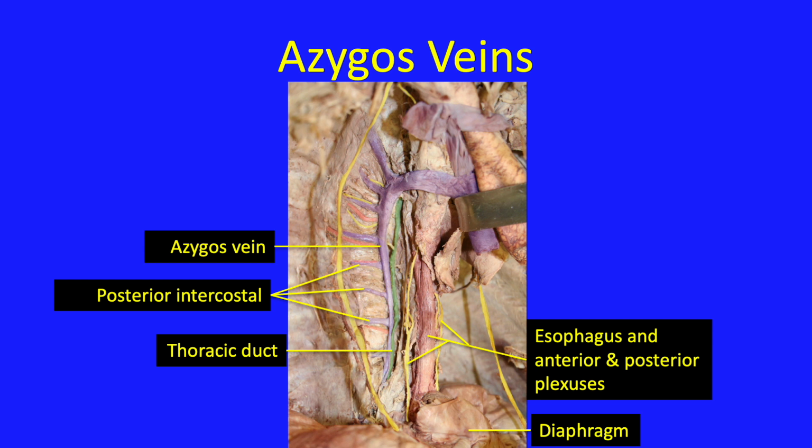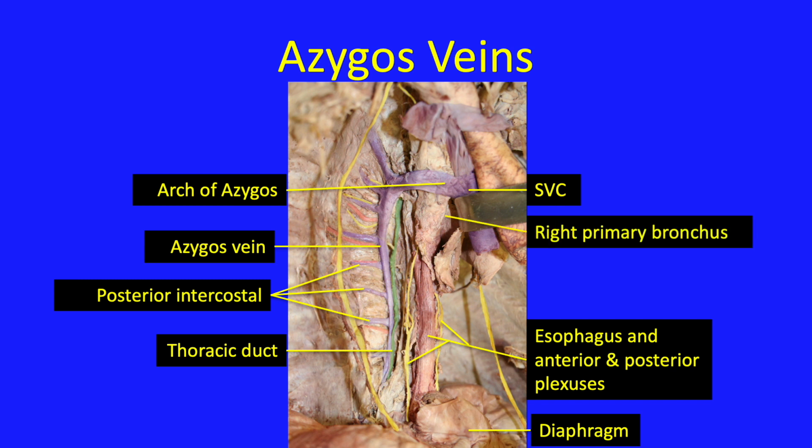The venous content of the azygos vein travels superiorly, and the vein ultimately forms an arch that drains into the superior vena cava. Note the arch is located just superior to the right primary bronchus. Hence, this should give you an idea at which level in the mediastinum to find the arch of the azygos.